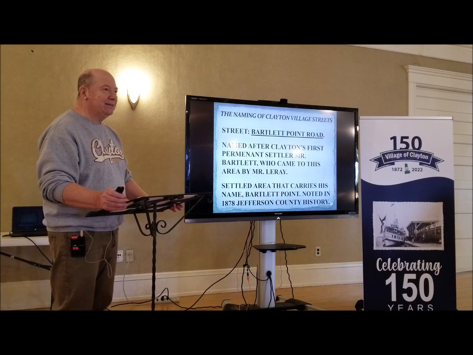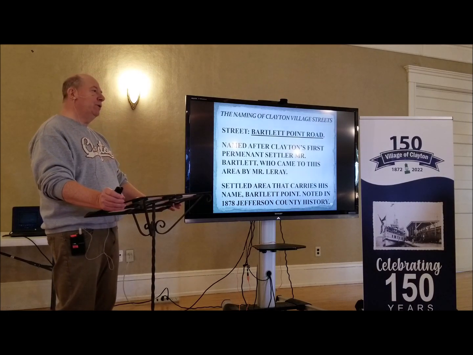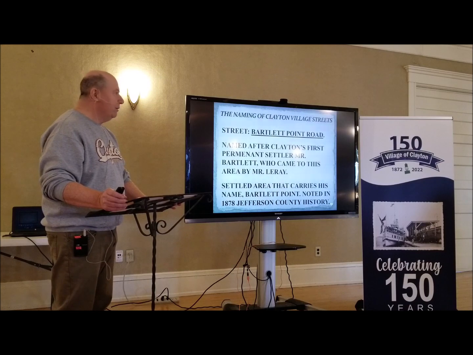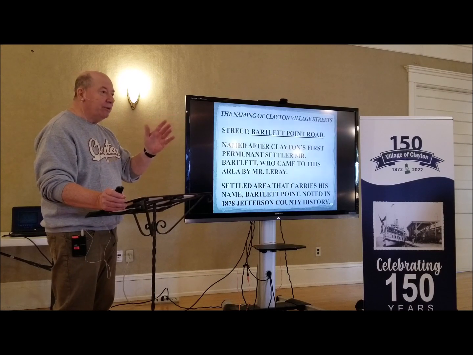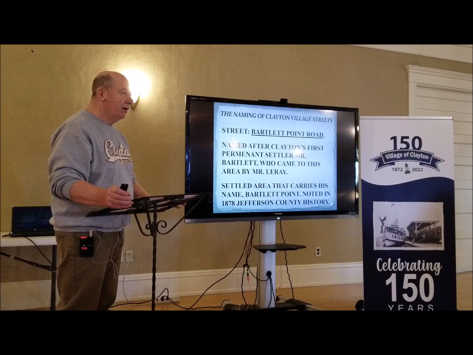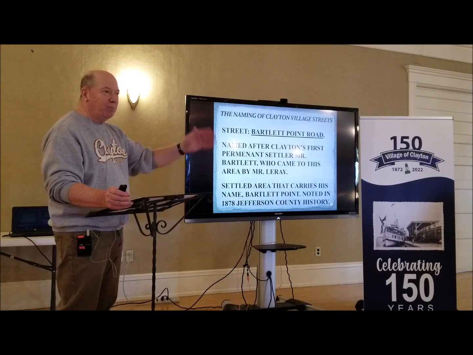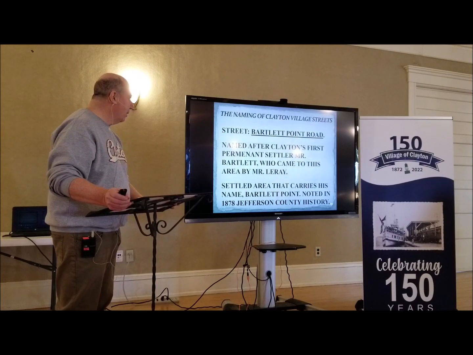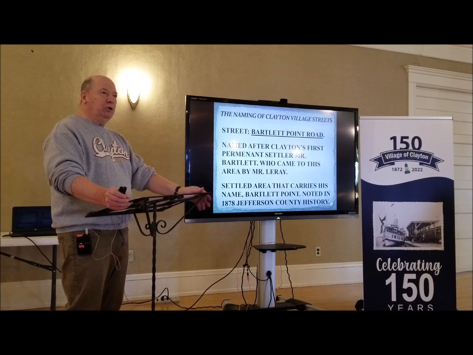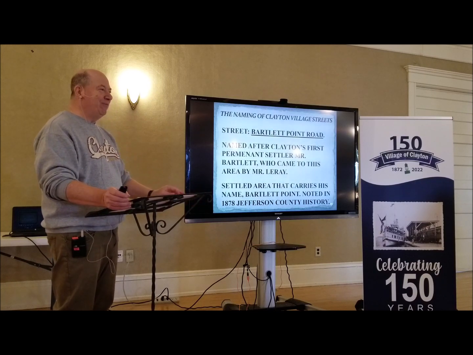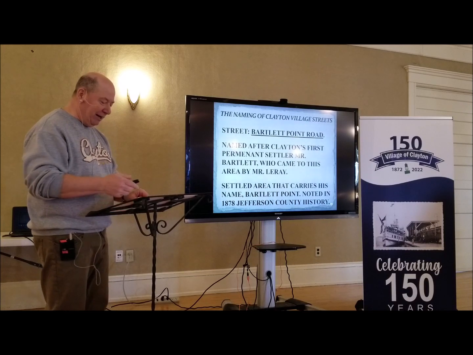I'm going to guess that when the LaRae family set up Cornelia back in 1825, it was probably soon after, because Bartlett was in that era. They probably just called it the Bartlett Road, but it goes down to the point, so it became the Bartlett Point. Mayor, did you accept this as a village street in your tenure? No, long before you. All right, but that's where the Bartlett name came from.